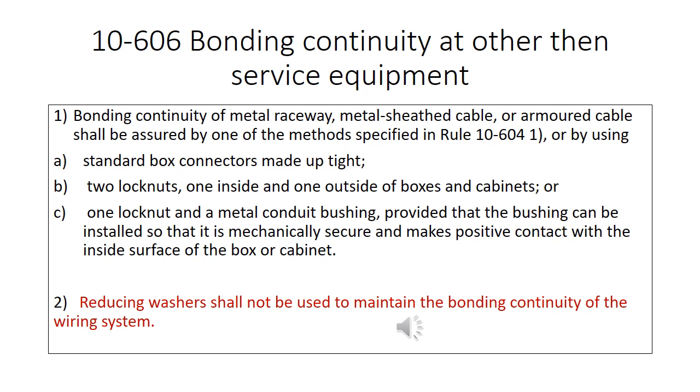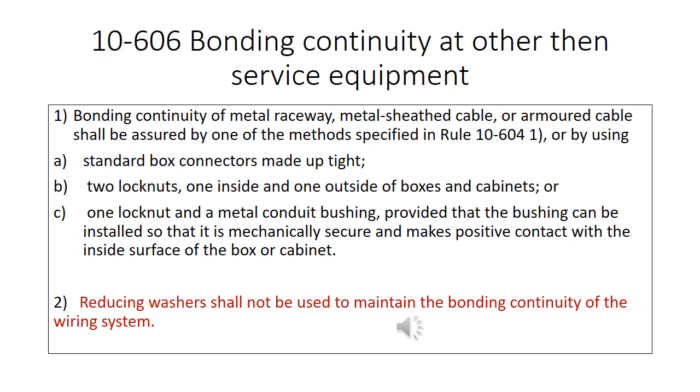10.606 Bonding continuity at other than service equipment. Bonding continuity of metal raceway, metal sheath cable, or armor cable shall be assured by one of the methods specified in Rule 10.604, Subrule 1, or by using A. Standard box connectors made up tight.